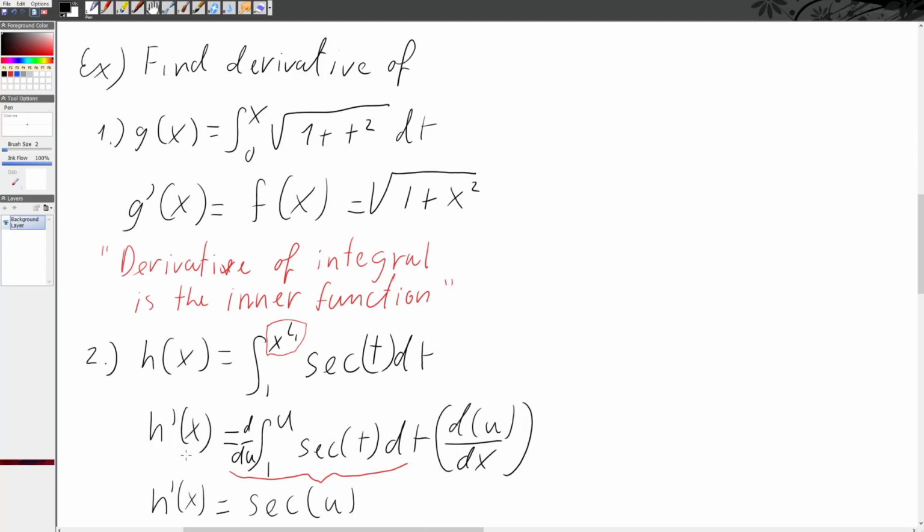Sorry, that's an h prime right there. And the second part, well, the derivative of u, where in this case u is x to the 4th. So what is the derivative of x to the 4th with respect to x? Bring down the exponent, subtract 1 from the exponent. So in this case, we are going to get 4x cubed, and then replace the u with x to the 4th as well.